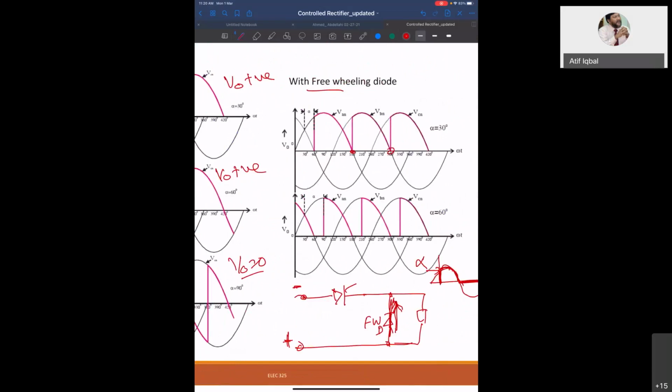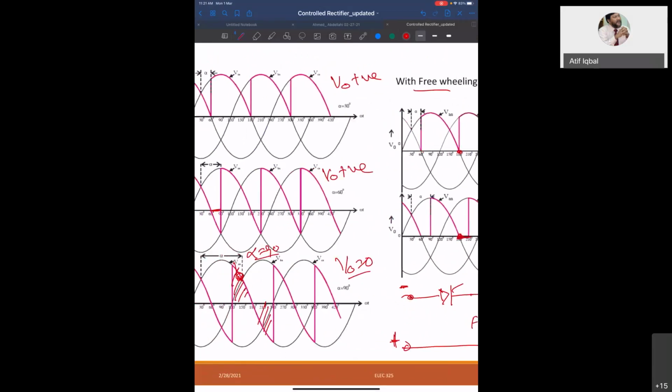There will be no problem. But as soon as you have alpha equal to 60 degree, the freewheeling diode starts conducting and you will get 0. Okay. So there will be no negative if you have a freewheeling diode, because as soon as it starts going negative, the freewheeling diode will turn on.